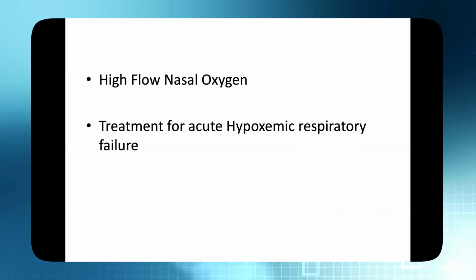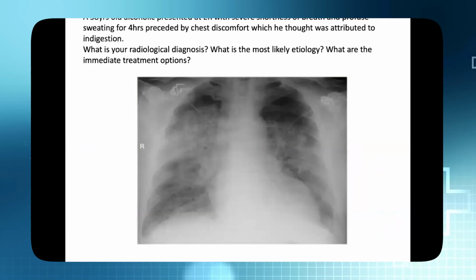So treatment of hypoxic respiratory failure. Now, a 58-year-old alcoholic presented in the ER with severe shortness of breath and profuse sweating for 4 hours, preceded by chest discomfort which was attributed to indigestion. What is your radiological diagnosis? Most likely etiology? What is the immediate treatment?